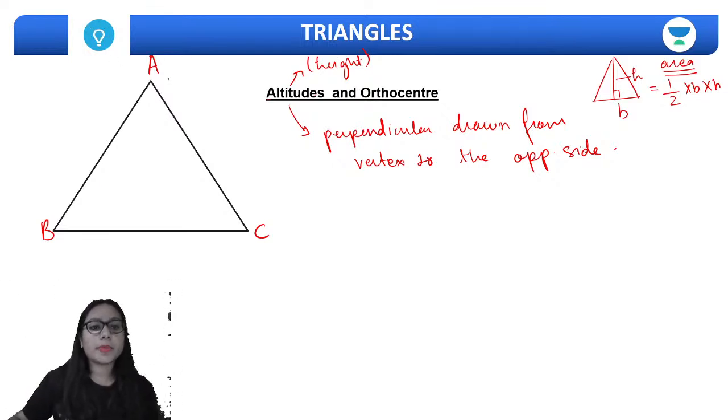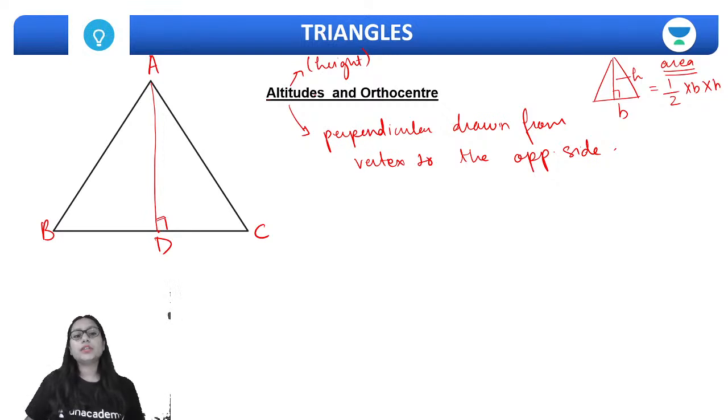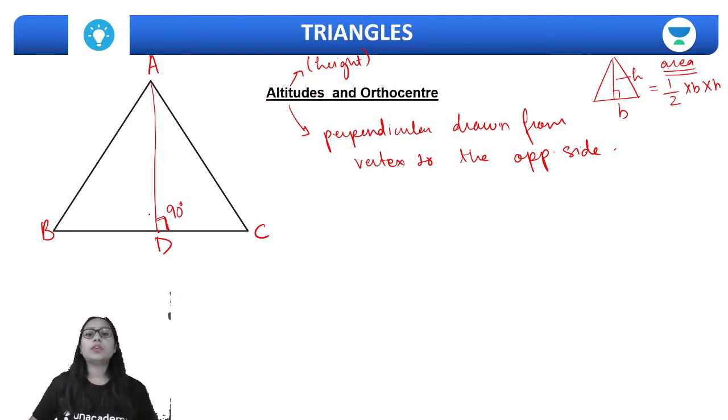Let us take the foot as D. So AD is a perpendicular from A to BC. This is a 90-degree angle. Then AD is known as the altitude.